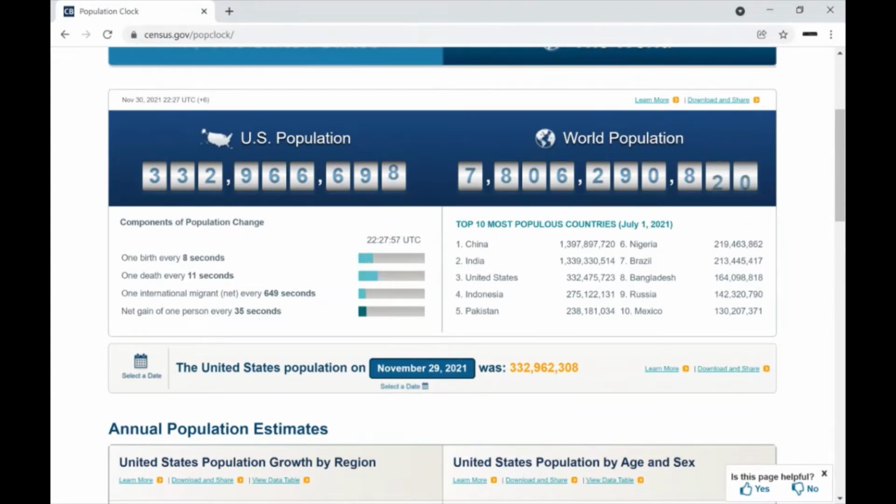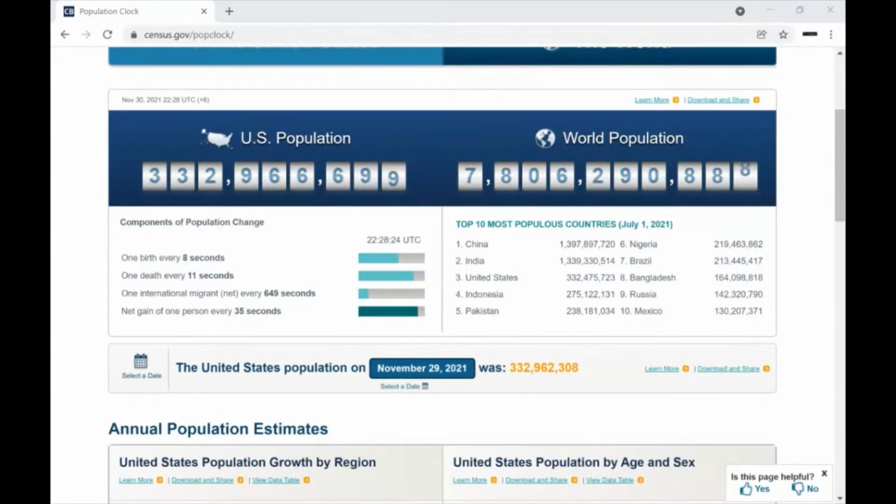It's kind of weird because we only have 333 million, and look at China's. It's the most populous country. That's a lot of people. And India is right behind.